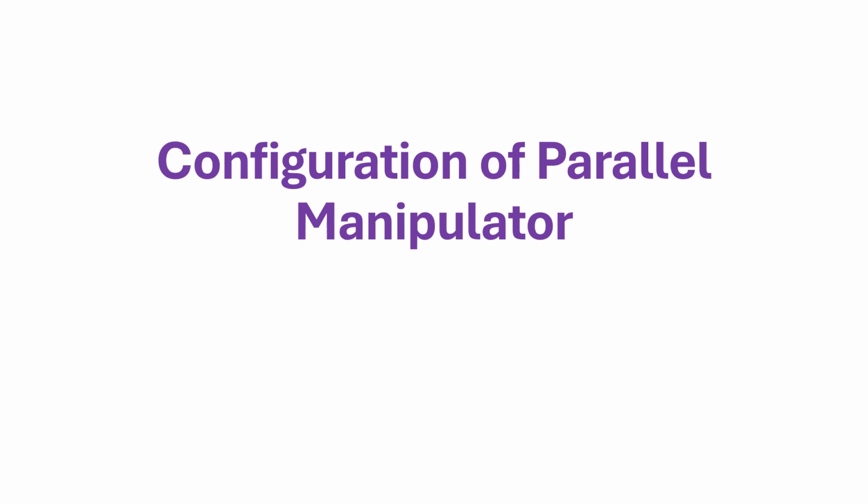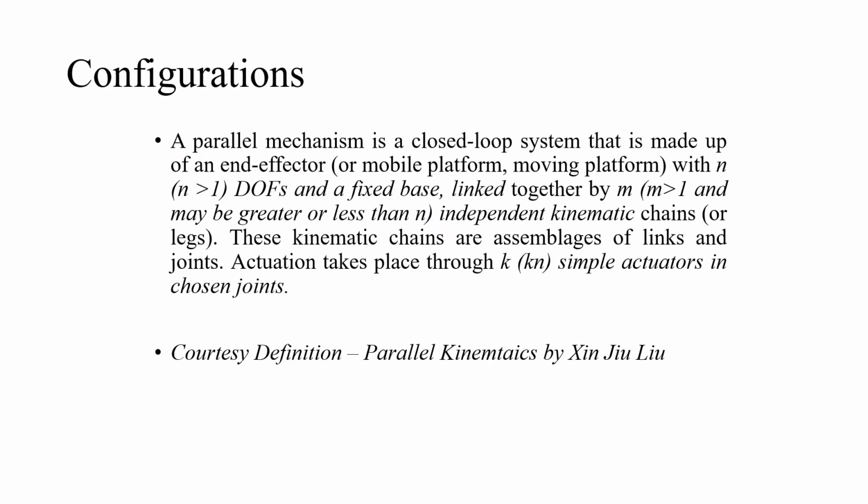In this session, we will be discussing the different configurations of parallel manipulators. As we have seen in the earlier session, a parallel manipulator has a closed loop kinematic chain, and it is made up of a mobile platform that we call the end effector, or the moving platform, with n degrees of freedom, and it has a fixed base which is linked by, say, m independent kinematic chains.